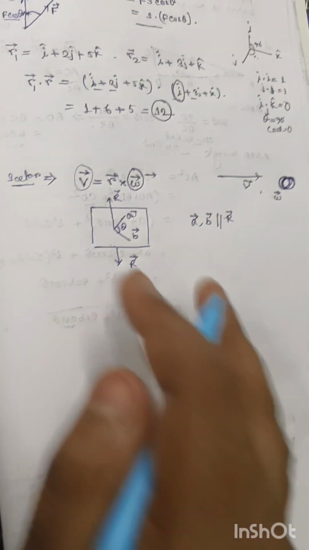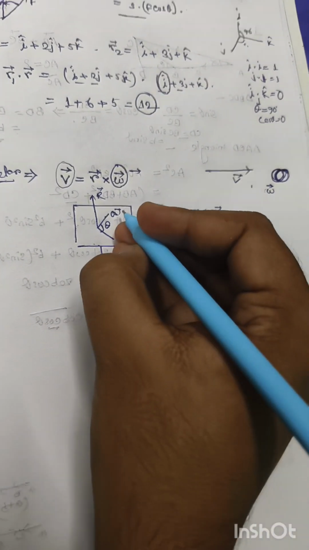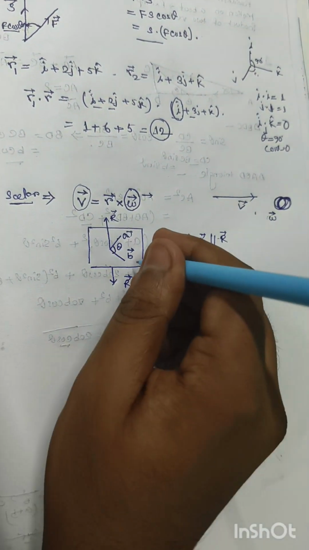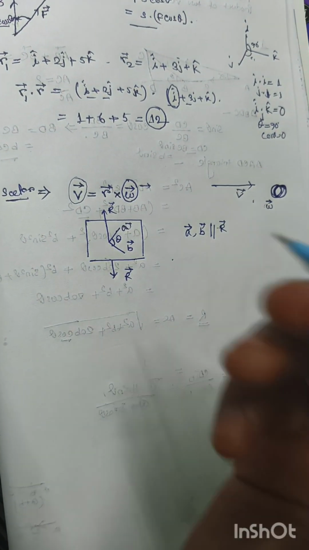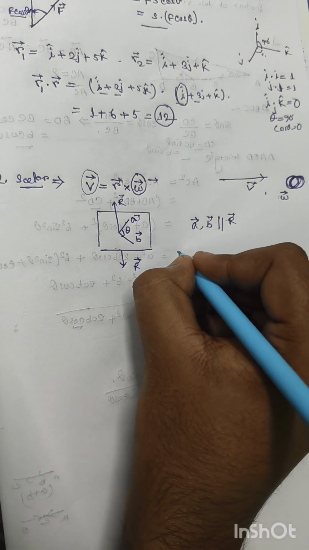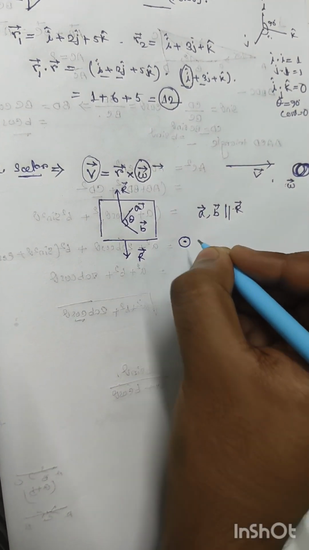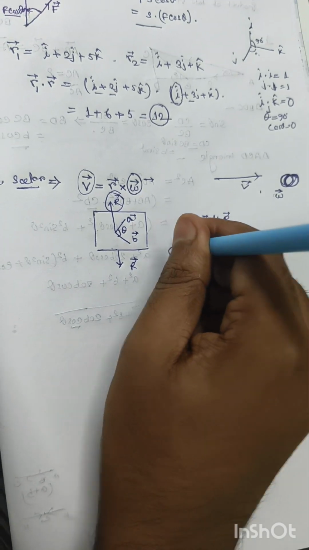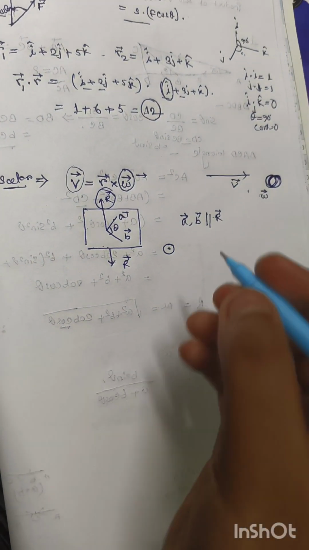And for a single page, how can we represent it? Suppose this vector comes out of the page, then we can mark it like this. This means the vector is from there out of the page.